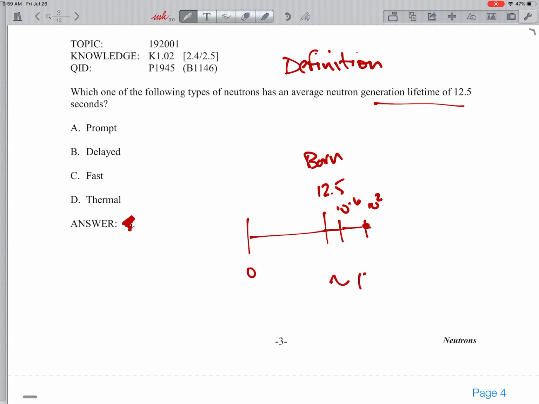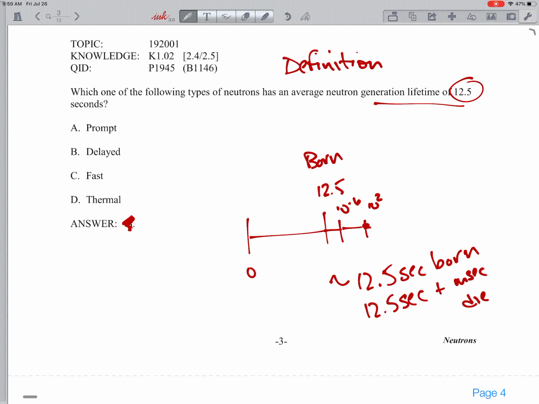So around 12.5 seconds from birth, and then 12.5 seconds plus a millisecond or two to die. So not a total of 24, but a total of 12.50001 is their lifetime. But if you just remember 12.5, that'll be good enough.